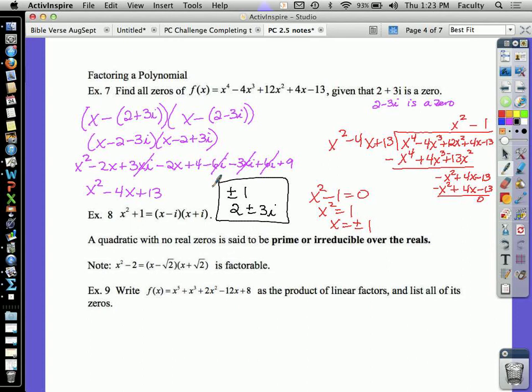Okay. In example 8, x squared plus 1, we can now, if you remember through Algebra 2, we said the sum of 2 perfect squares will not factor over the set of real numbers. That is still true, but if you want to factor it, you can factor over the complex numbers. So, for example, if I gave you x squared plus 36, how is that going to factor now?